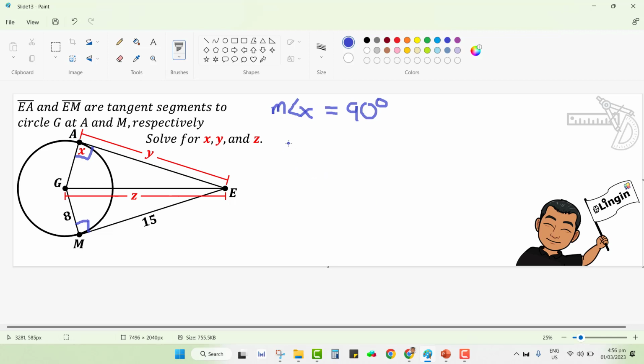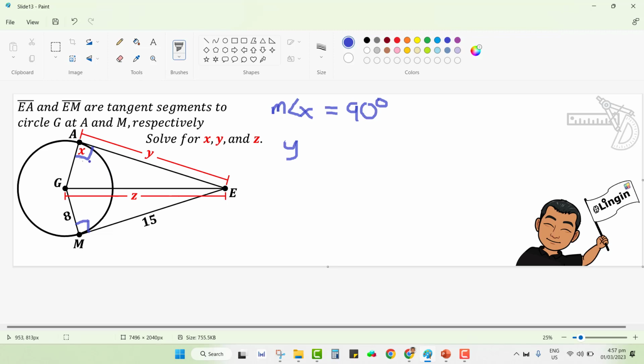In solving Y, which is actually the length of EA and AE, we need to look closely at the triangle formed here. This triangle has the tangent segment, the radius, and this segment connecting the center of the circle G towards the same exterior point where the tangent is drawn.